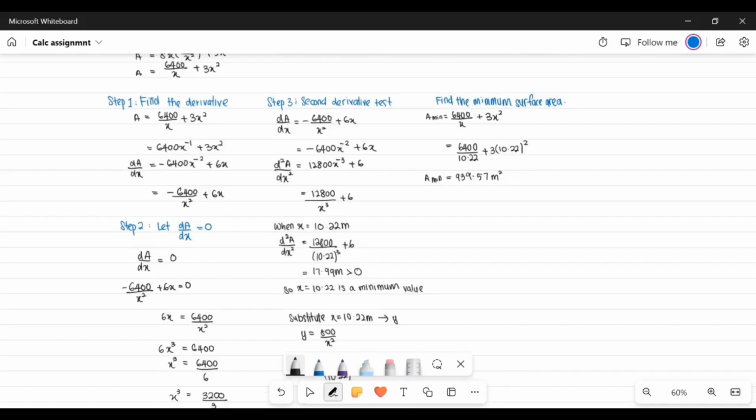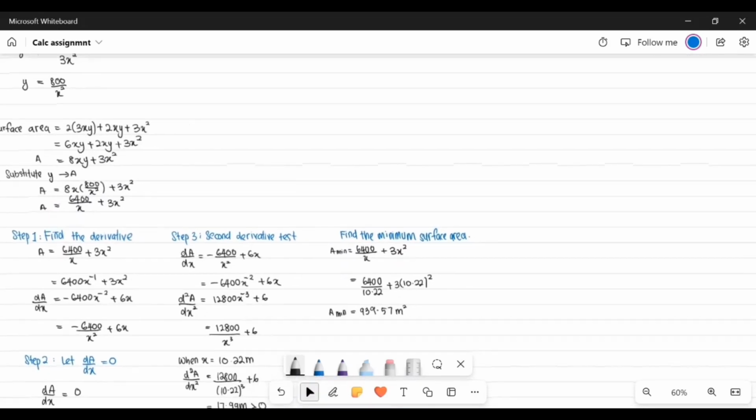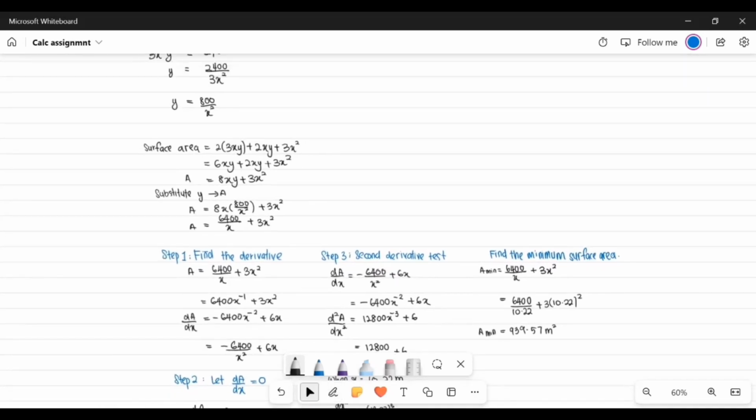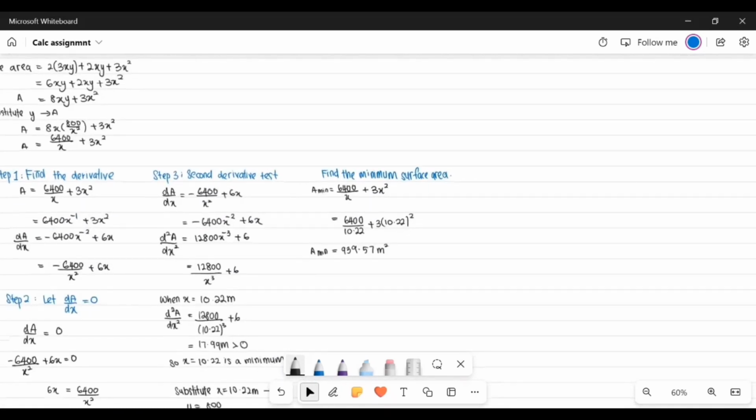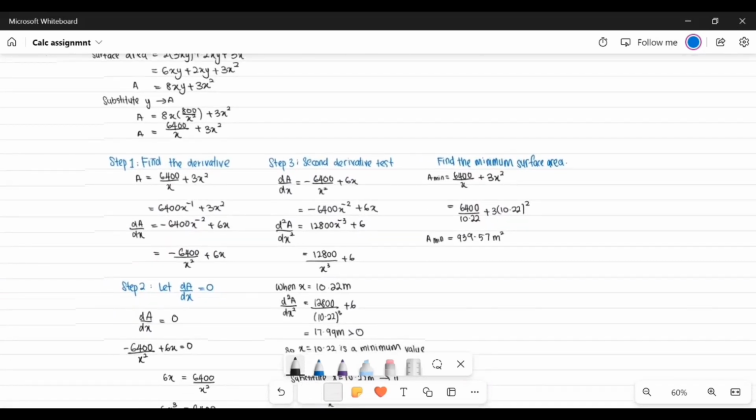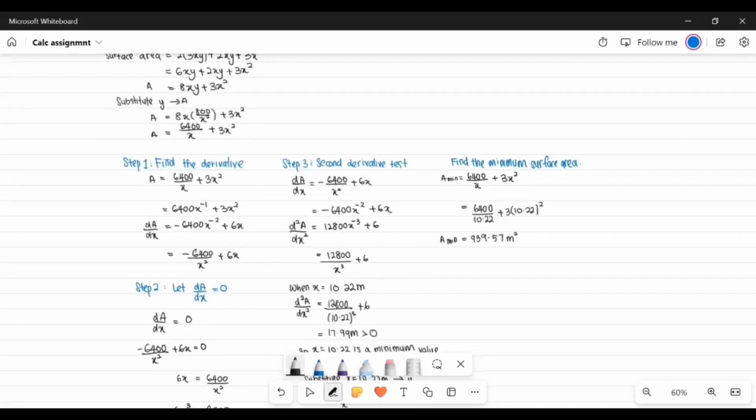So next we move to finding the minimum surface area of the pool. To find the minimum surface area, you will have to substitute the value of x in the surface area formula that we got, and then you will get the minimum. That's the answer for this problem statement.